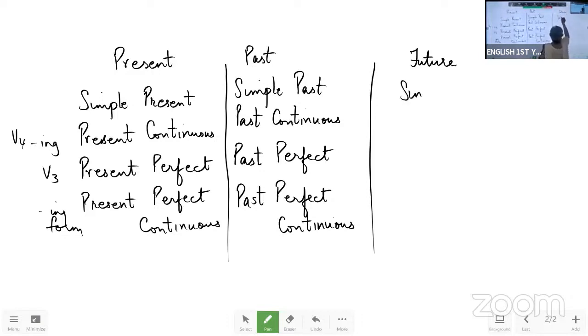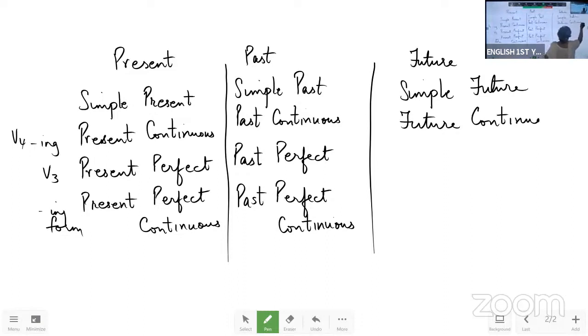Simple future, future continuous, future perfect, and future perfect continuous.